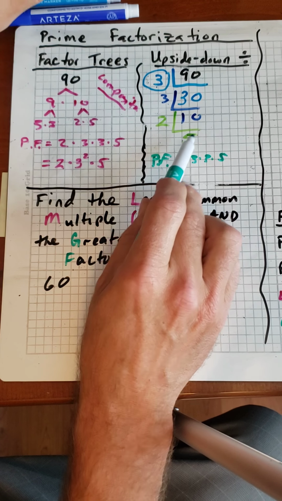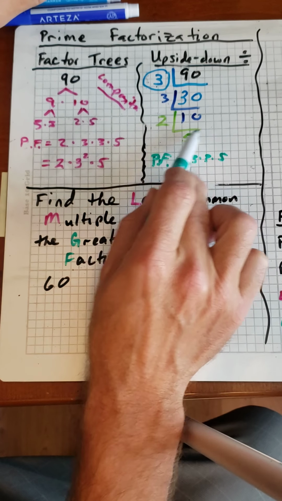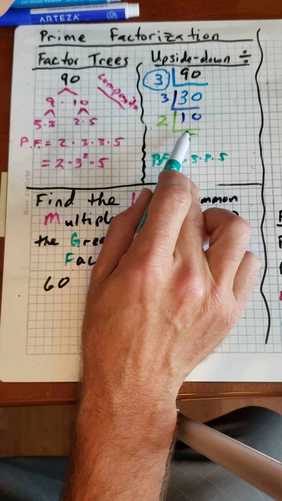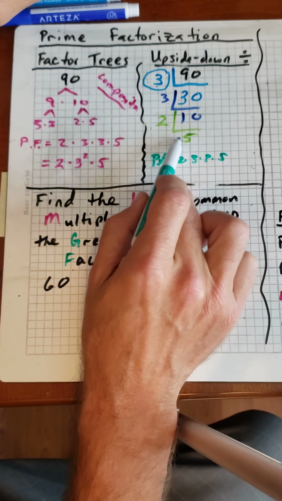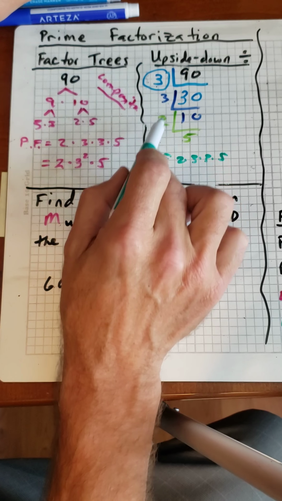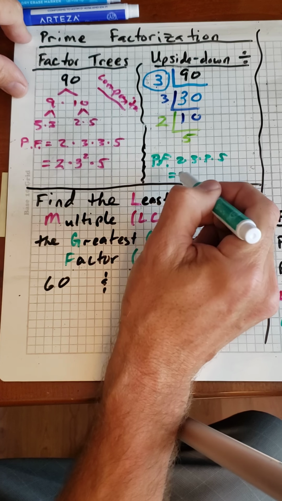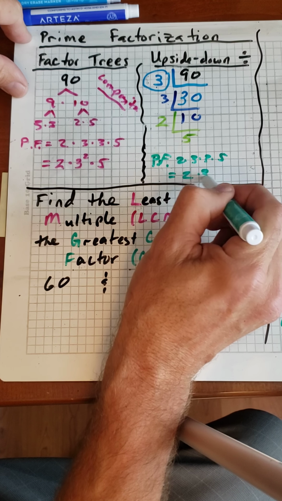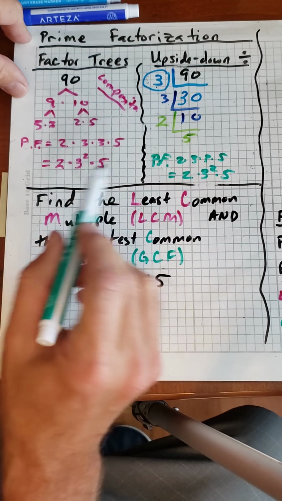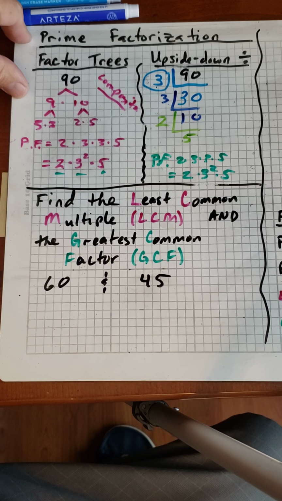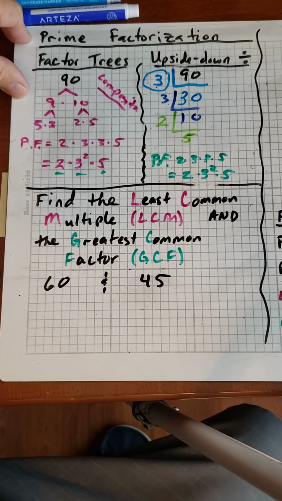That number there is outside my upside down division symbol. This is the one that a lot of people forget, is the 5. So they get the 3 and the 3 and the 2. That number is also included. So then my prime factorization is going to be 2 times 3 squared times 5, which is the exact same as what I have right there. 2 times 3 squared times 5.